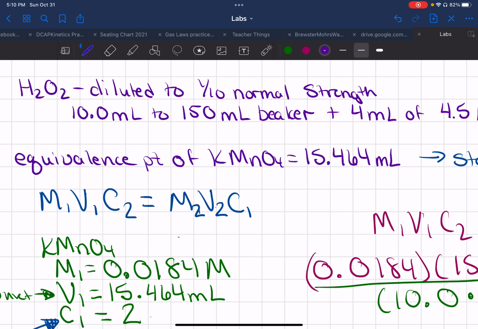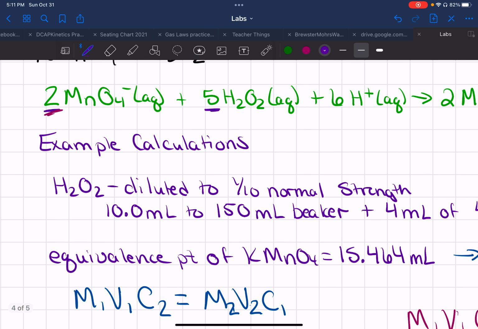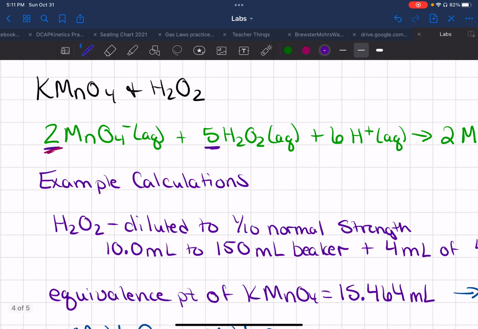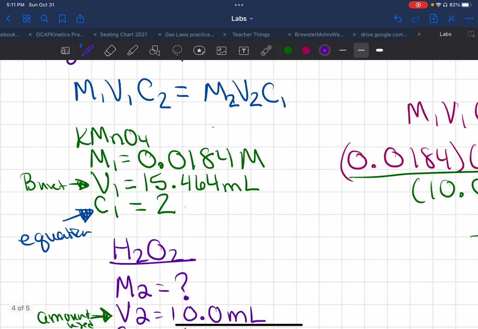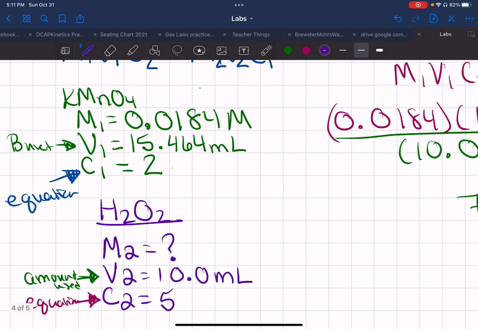Now, since I'm running with the potassium permanganate as my known, that's what's in the burette, and so that reading becomes KMnO4's reading. And again, my molarity comes from the standardization that I just did, which is 0.0184, and my C1 comes from the 2 that's in front of MnO4 in the equation. For the H2O2, I use 10 milliliters of it.